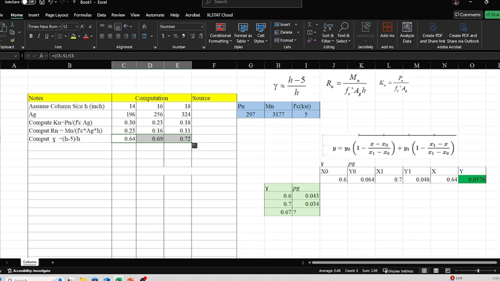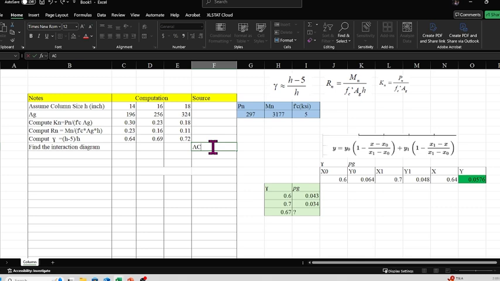The next thing we're going to want to do is find the correct interaction diagram. At the back of any reinforced concrete book, they have all the diagrams. That's one source. The other one is ACI itself.